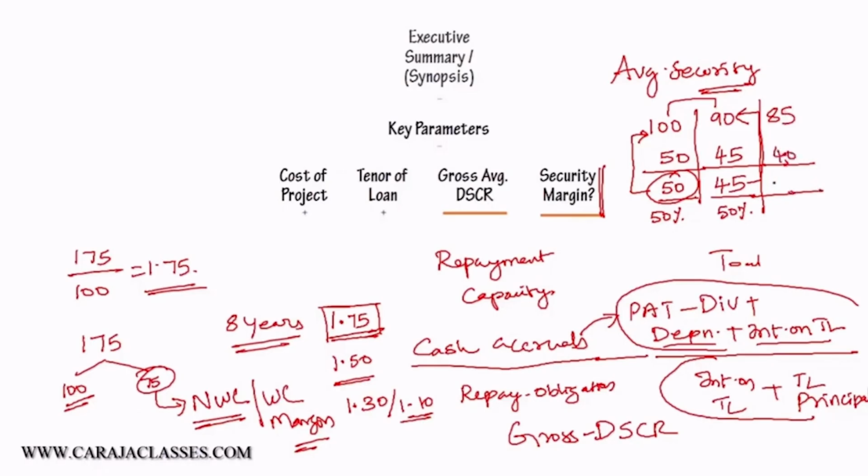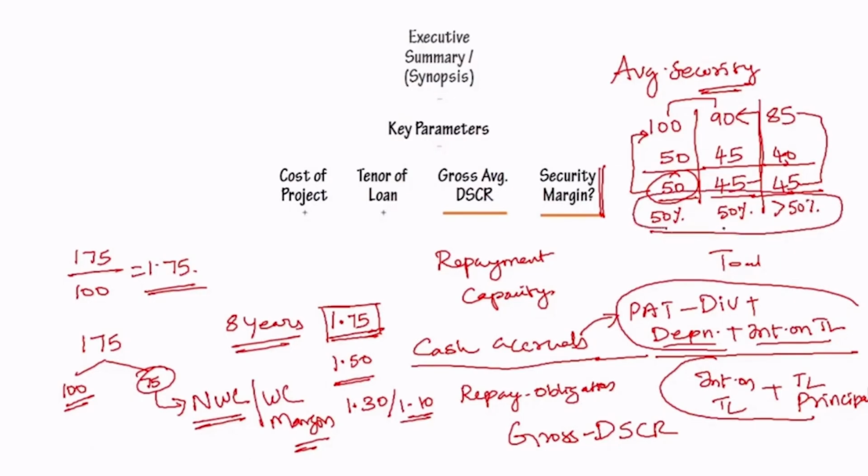So 85 minus 40, you still have 45 as security margin. 45 on 85 is greater than 50%. Like that you will be calculating for each and every year, and eventually you will be taking the average of this. That's what we capture here as the average security margin.